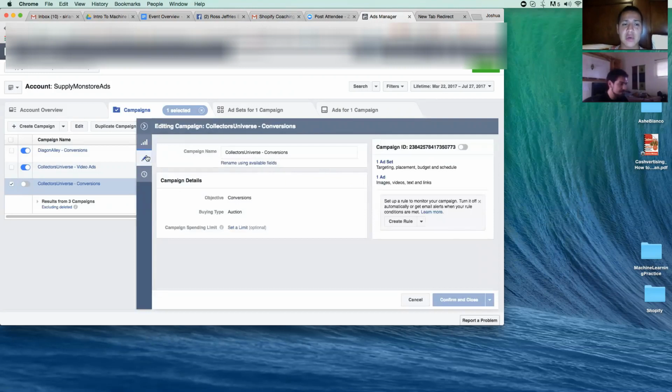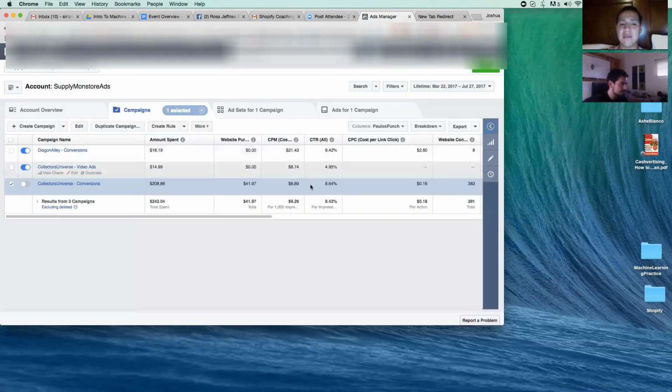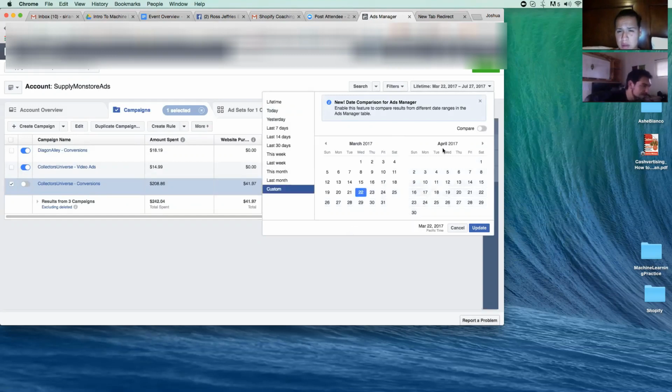What you could do is go to the top right-hand corner. You see where it says lifetime? Click on that. Does March 22nd ring a bell? I think it was definitely after that. It was after my birthday, which was in April, so it was more around this month.